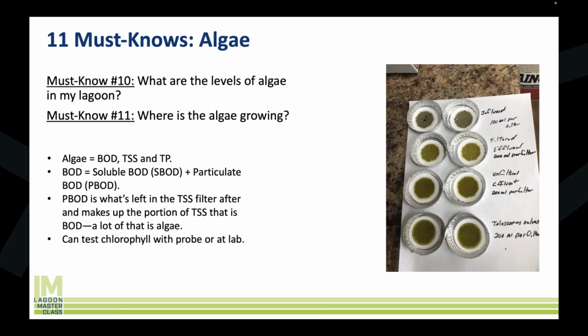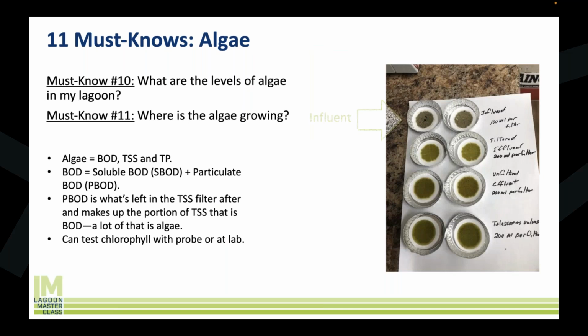So how can you get a sense of the levels of algae in your lagoon? On the right here, I've got a picture, and I think this is the easiest first way to understand. These are pictures of TSS filters prior to going into the cooker, where they cook off all the water in the sample and tell you what your total suspended solids are in your plant.